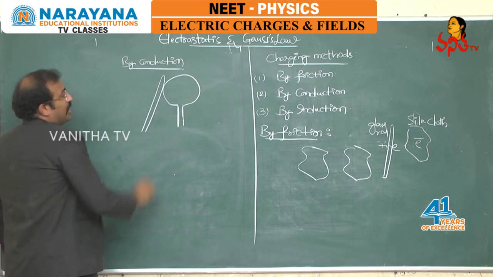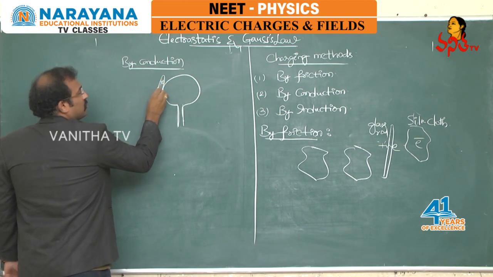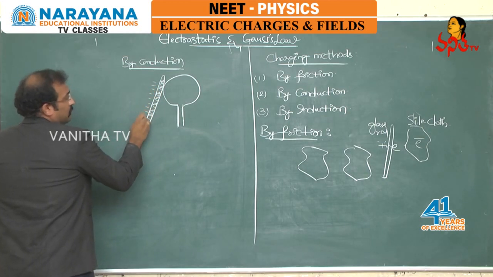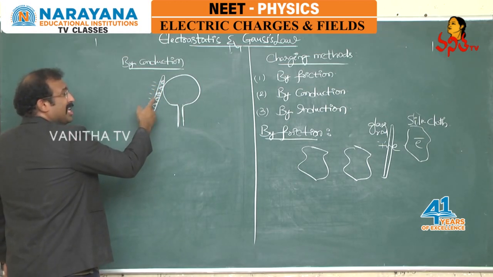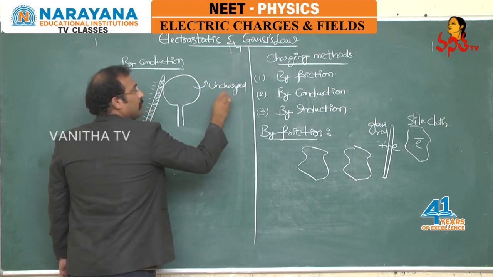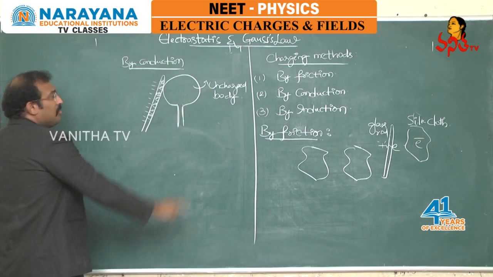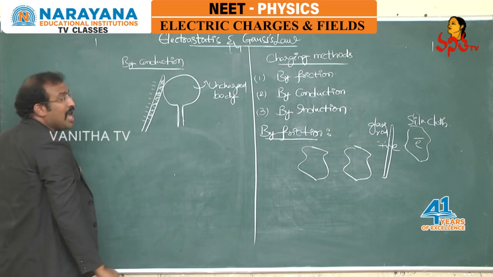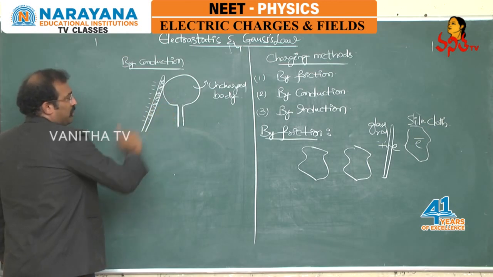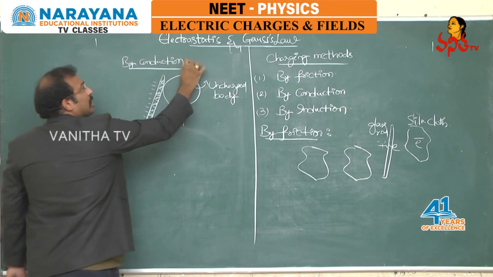Let us take a negatively charged body, with excess electrons, brought in contact with an uncharged body. The charge will flow from the charged body to the uncharged body until both come to a common potential. This method of charging the uncharged body is called conduction.